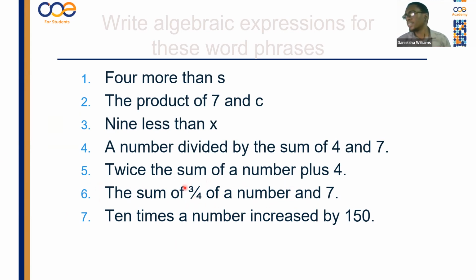We have a third of a number, and then you're adding it together. In this case, we multiply them together first, and then we'd add the 7. That's correct. And 10 times a number increased by 150.